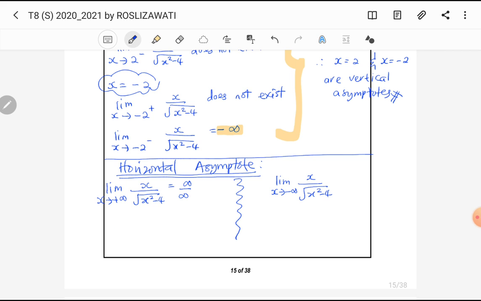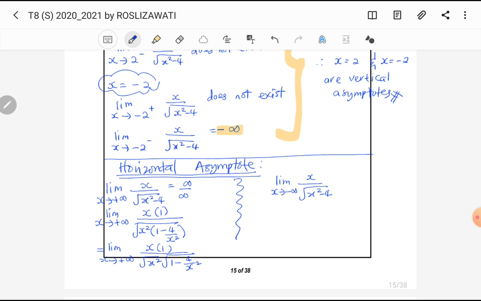Ingat lagi tak limit at infinity? So, we need to factorize the numerator and the denominator.